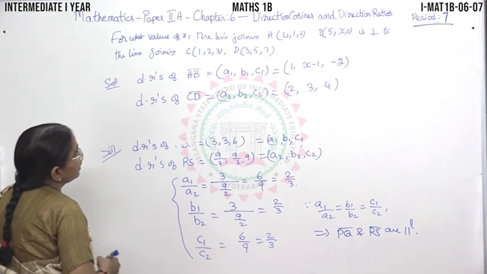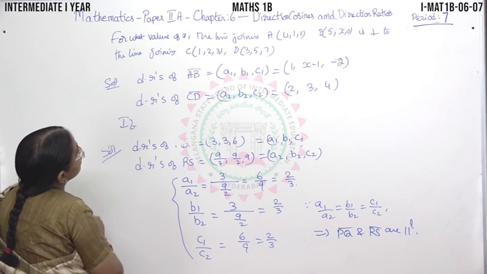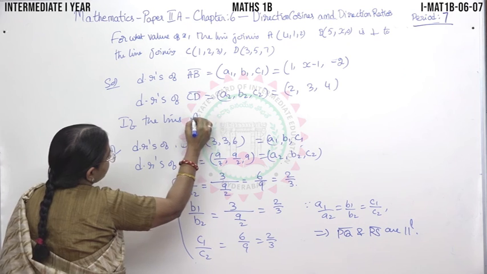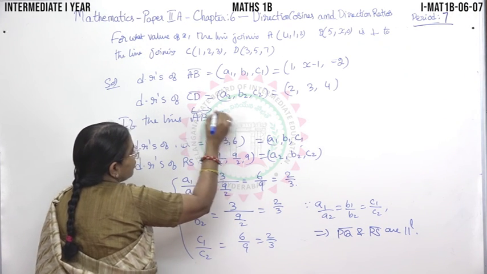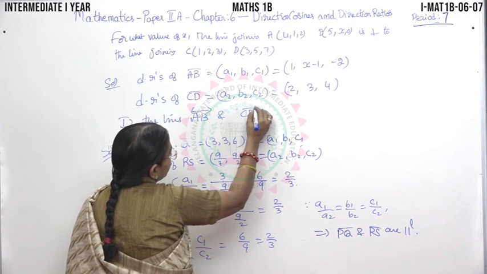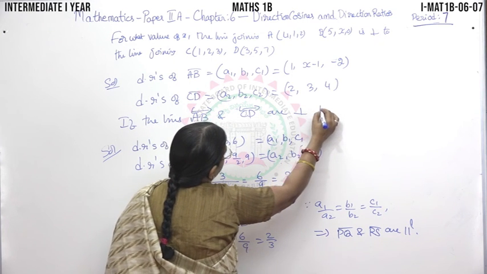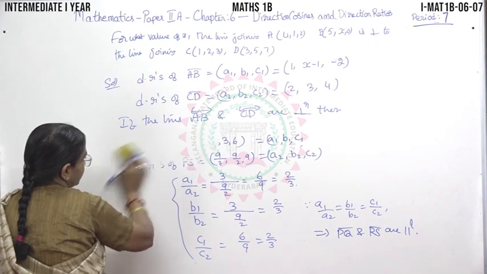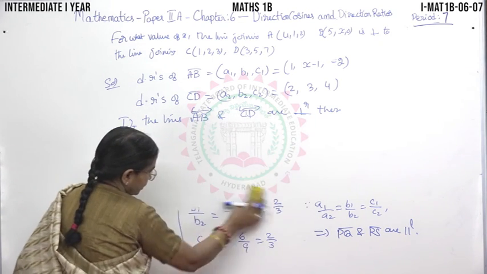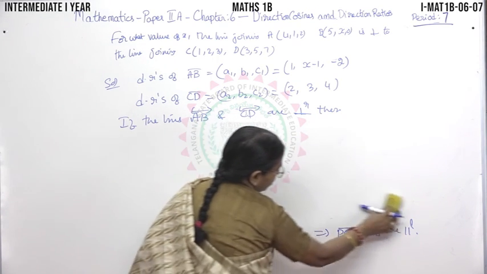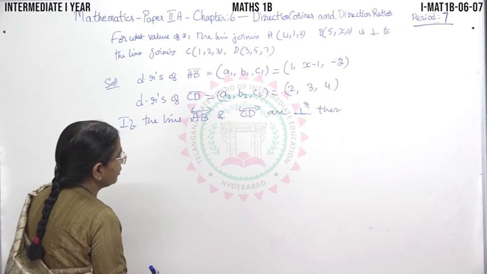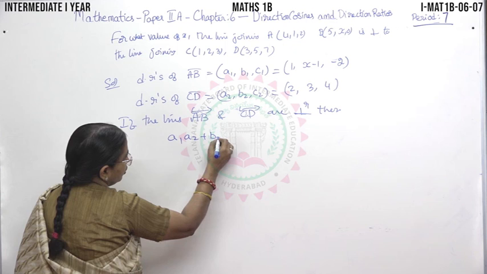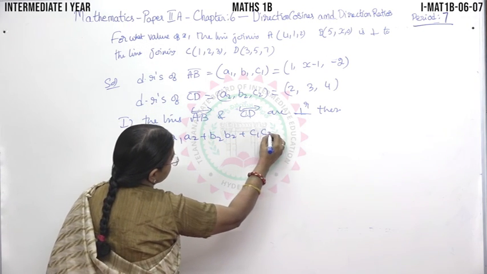Now if the lines AB and CD are perpendicular, then always write the condition. In the textbook he has not written the condition, directly he substituted. So always when you are using the formula, write that formula. Then A1 A2 plus B1 B2 plus C1 C2 is equal to 0.